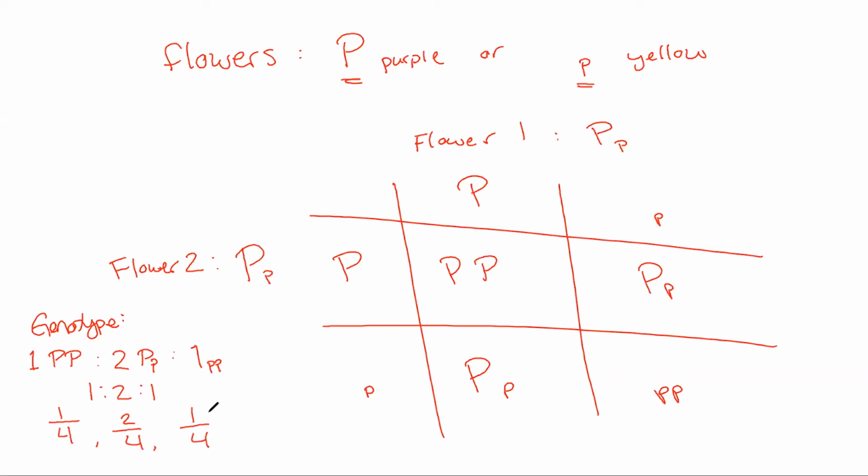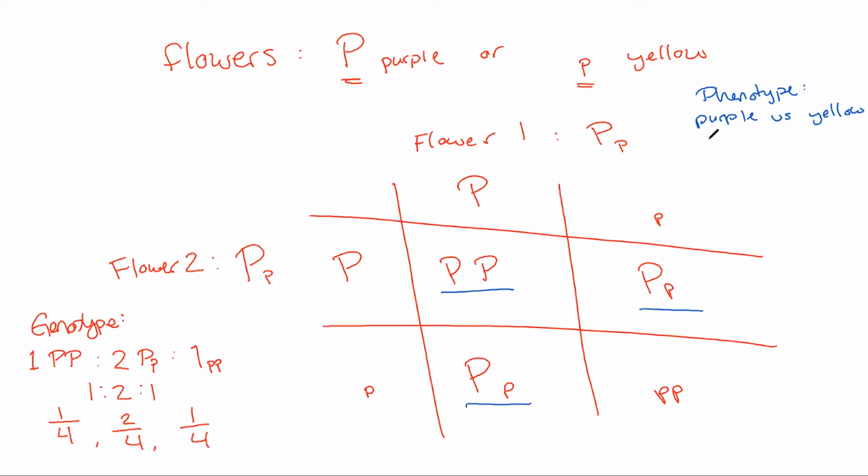If we're doing a phenotypic ratio, which is what this problem is asking, our phenotype is just purple versus yellow. So phenotype is what you see. Purple would be this, or this because capital P is dominant.